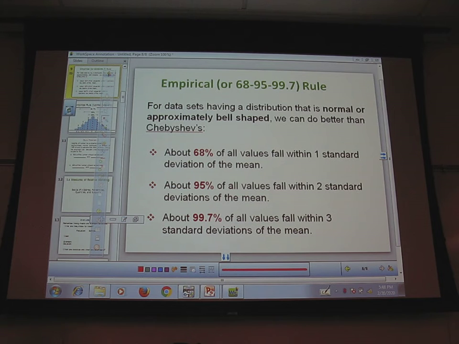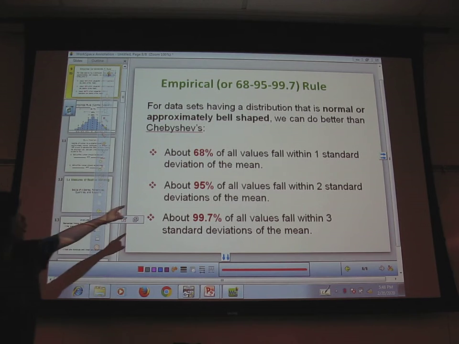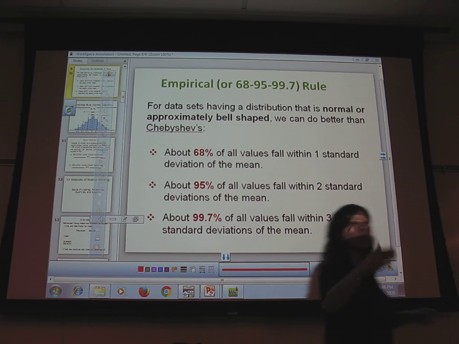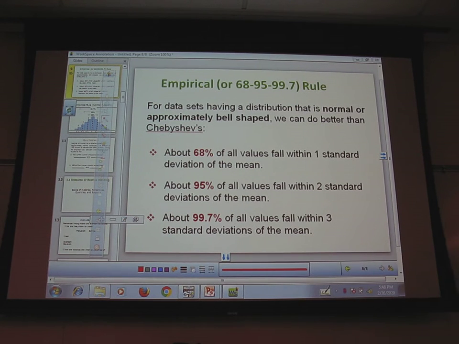Great, thank you. Right, so if we know it's normal, that's the big if. If it's normally distributed, then we can do better than Chebyshev. Chebyshev says that 2 standard deviations will be between 75% and 100%, somewhere in that range. If it's normal, we can say it's right around 95%. That's a lot more accurate than between 75 and 100.